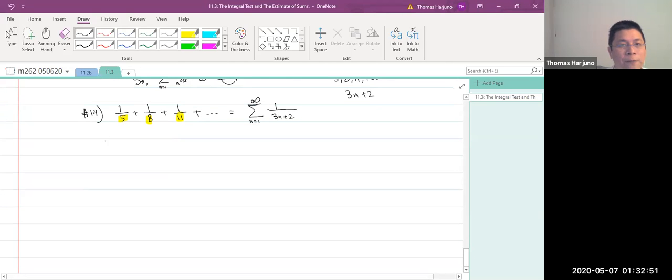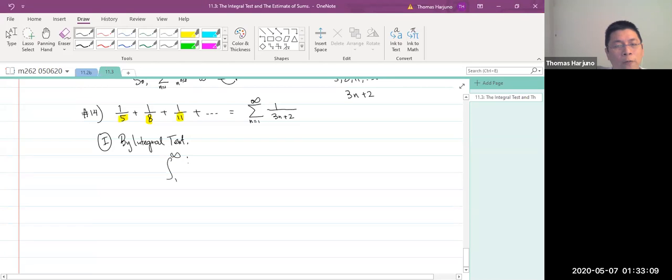The first method is the integral test. By the integral test, you will see the integral of 1 over 3x plus 2 dx. I skip the details.